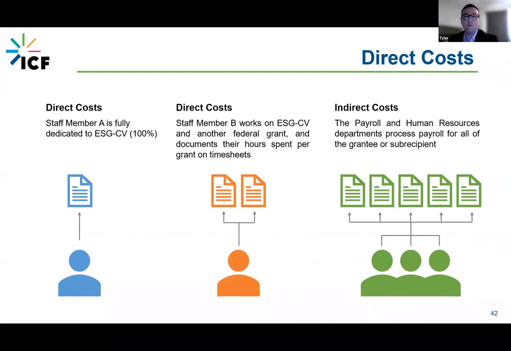Likewise, if staff member B works on ESG-CV and another federal grant, the employee's payroll costs can be split on a pro rata basis using their hours spent on the ESG-CV award and the other grant as documented on their timesheets. Costs incurred by grantees' payroll and human resources departments, however, are indirect costs, since these departments process payroll or provide services for all of the grantee, not just the ESG-CV award.